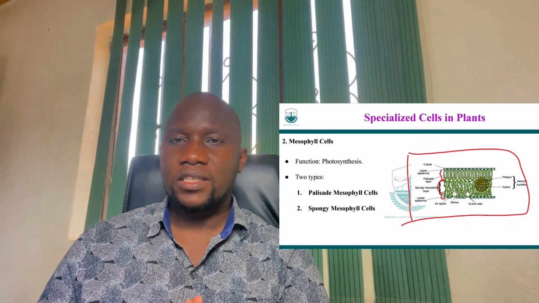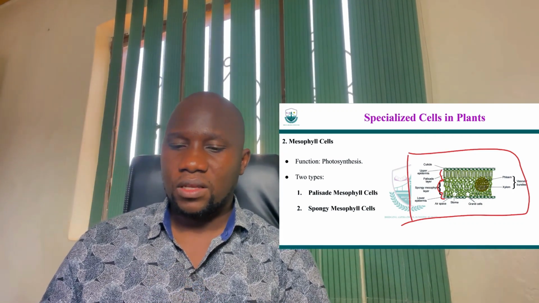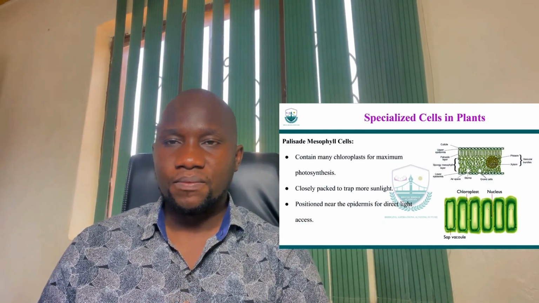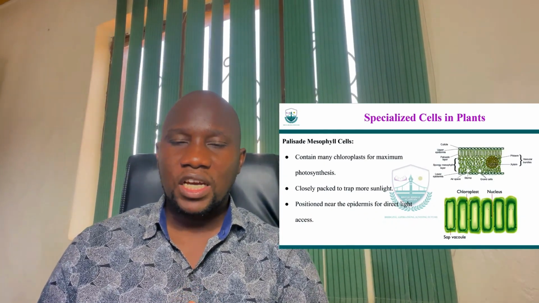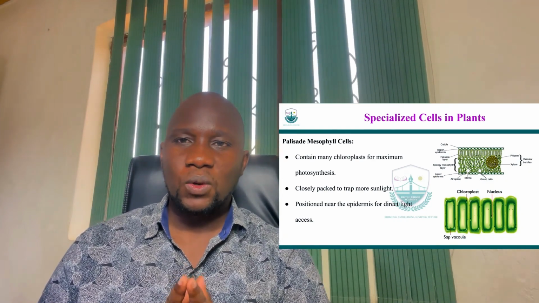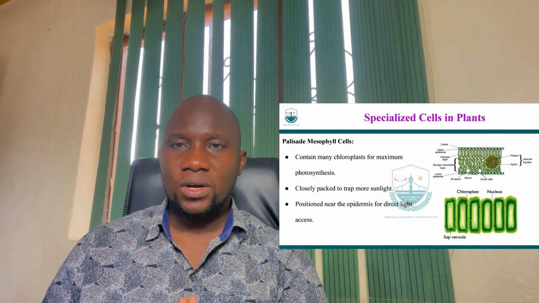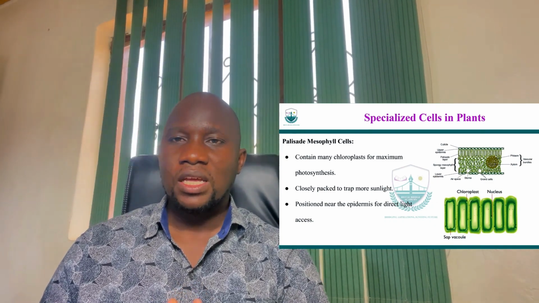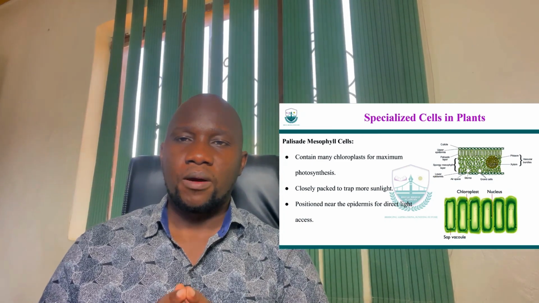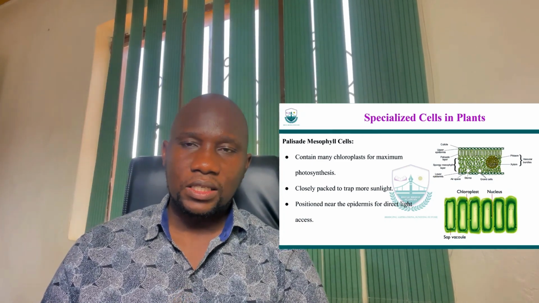You can see that the palisade mesophyll cells up here are rectangular and contain a lot of organelles that we call the chloroplasts. The chloroplasts are the ones that contain chlorophyll, and you know that chlorophyll is very important for the process of photosynthesis.